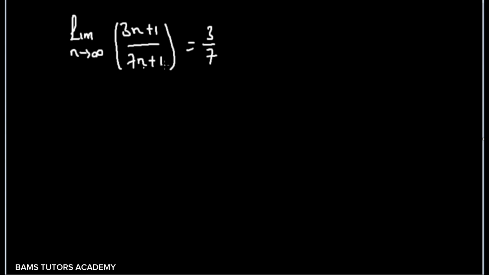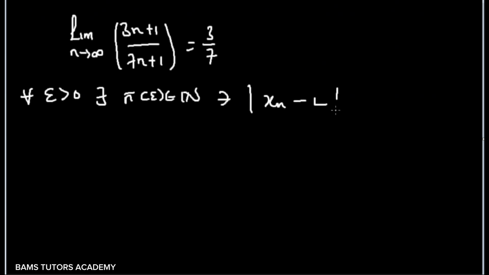So if I want to prove this using the epsilon definition, I will say for all epsilon greater than 0, there is N bar epsilon in N such that the absolute value of x of n minus the limit is less than epsilon, for all n greater or equal to N bar epsilon.